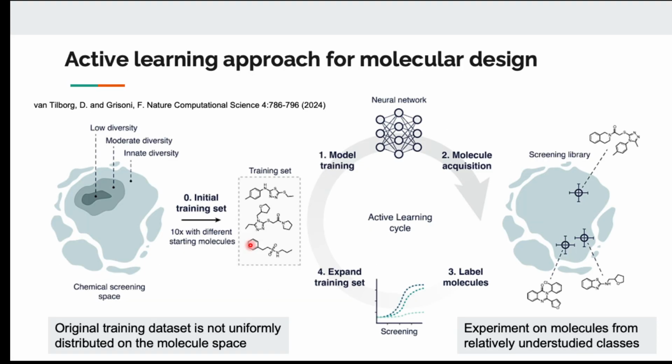So for example, when we have an AI model that can design chemical compounds for drug discovery, we know that the universe of all compounds is not uniform. There are certain chemical structures that people explore a lot, and there are certain chemical structures that not many people study.